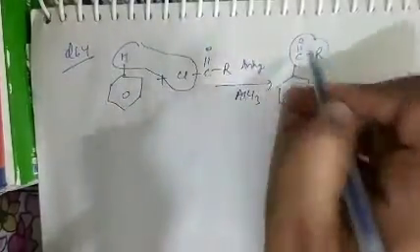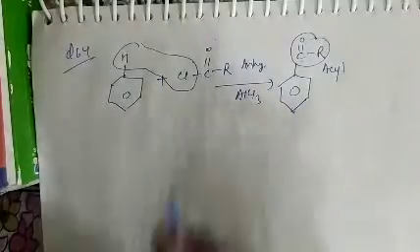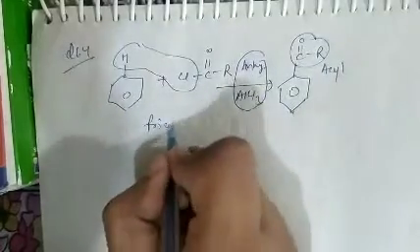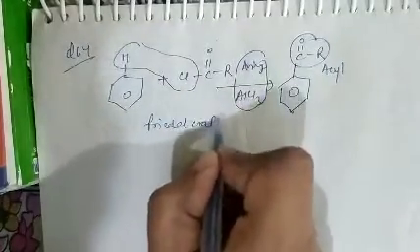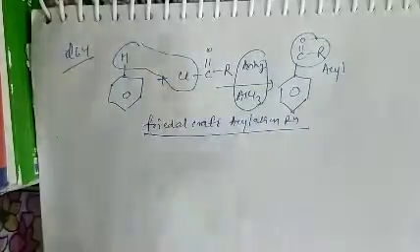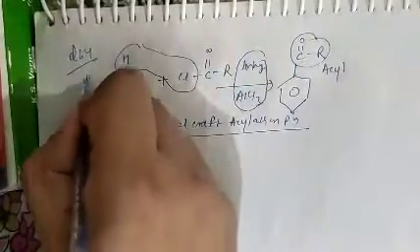As this group is an acyl group, the reaction name is basically Friedel-Crafts. As the Friedel-Crafts catalyst is used here, this is the Friedel-Crafts acylation reaction. So question number 64, option B is correct.